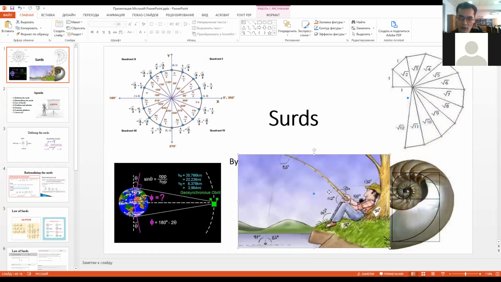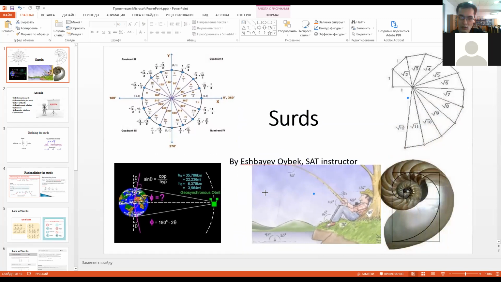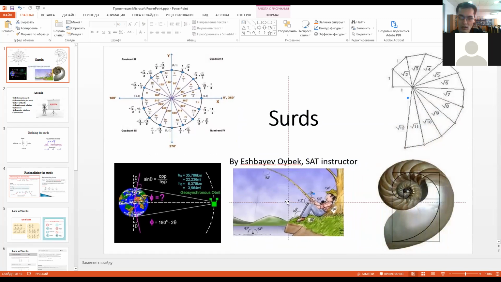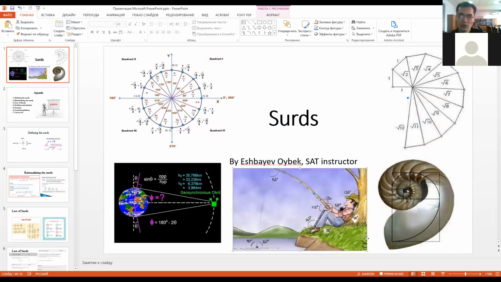Here you can see, right? For example, here's an angle, here's also an angle, everywhere an angle. And when angles exist, you can use trigonometry. When you use trigonometry, you will receive surds.